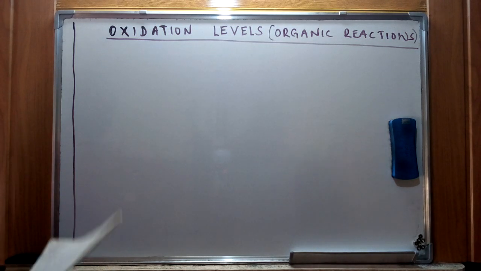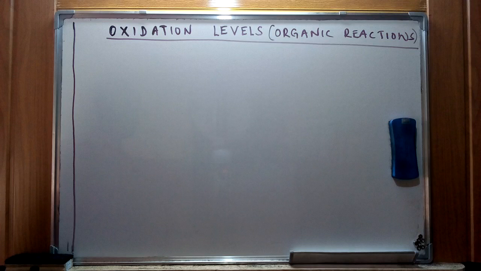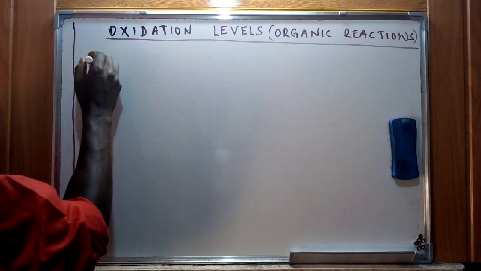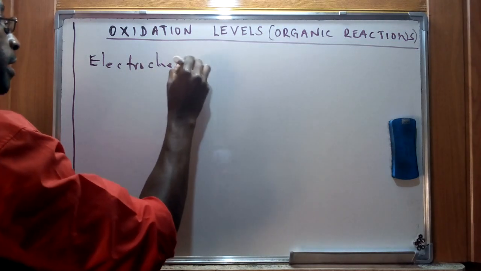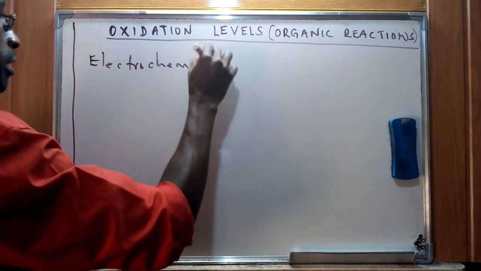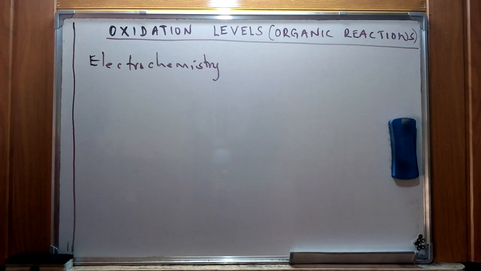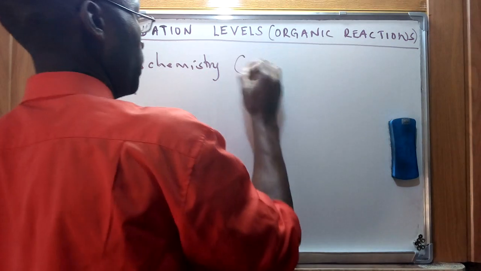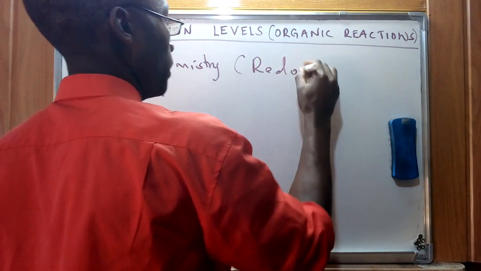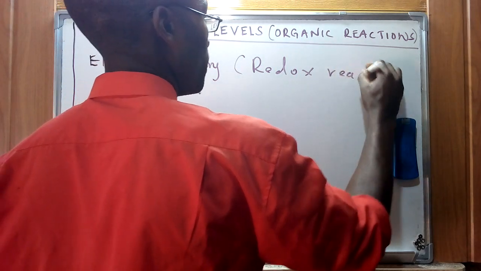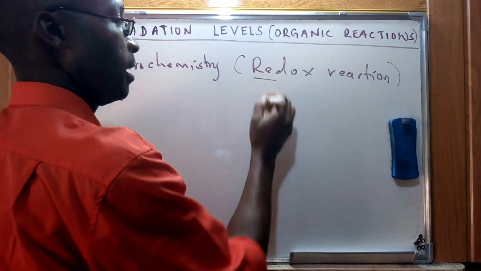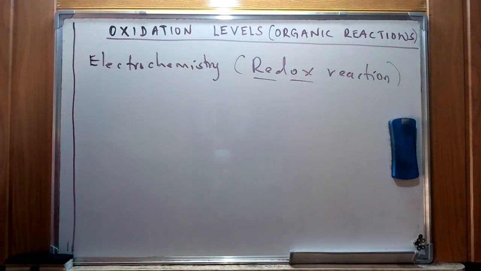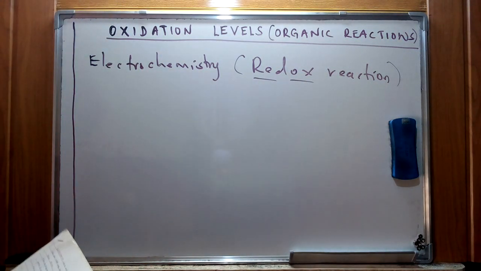In our discussion on various topics that we have handled in electrochemistry, this gave us a clue on how to assign oxidation numbers, especially when we were dealing with redox reactions. This is a short name for reduction and oxidation reactions that we had looked into, especially when we were dealing with the overall ionic equations.